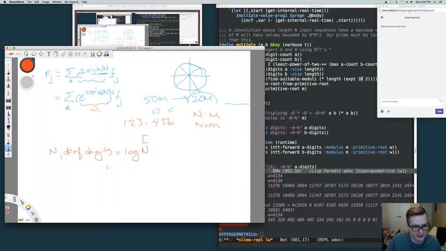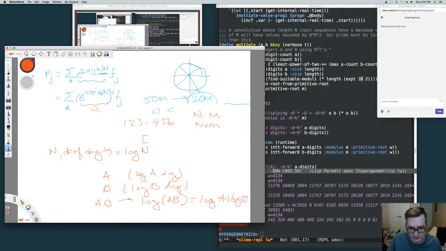So if we have a number a with log a digits, and we have a number b with log b digits, then a times b is going to have log of ab digits, which is equal to log of a plus log of b.